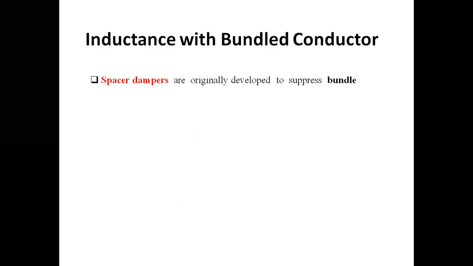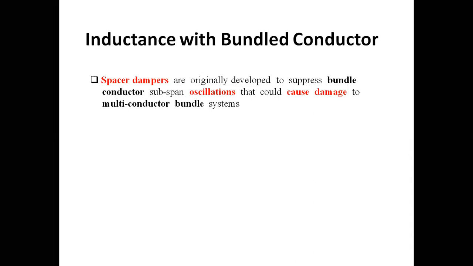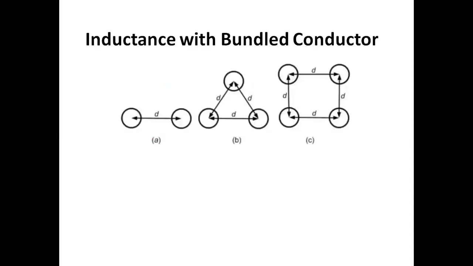There is a possibility of oscillation in the bundle, and they are designed to resist it, since oscillation may cause the subconductors in the bundle to collide. They will also help control Aeolian vibration, so that the conductors will not collide with each other in case of wind or any natural calamity.